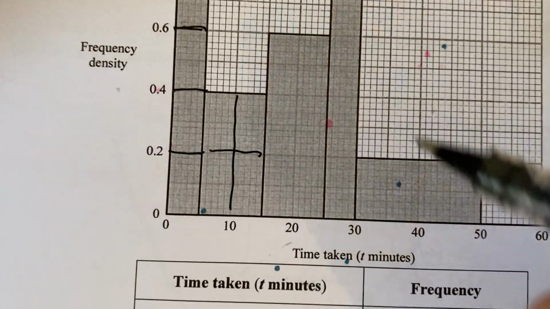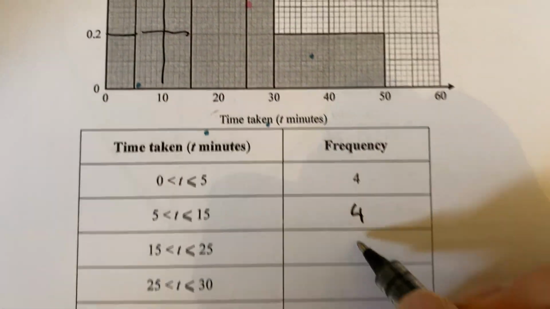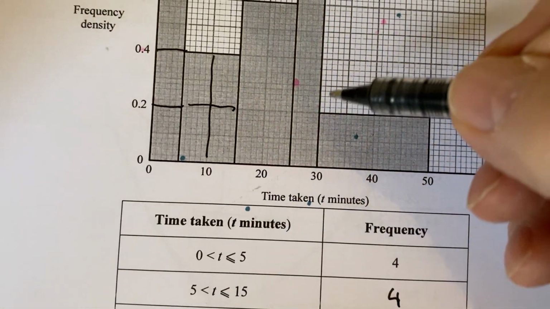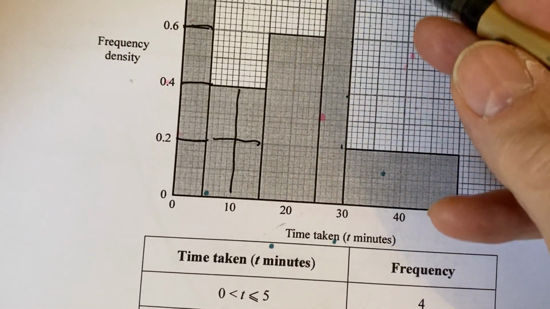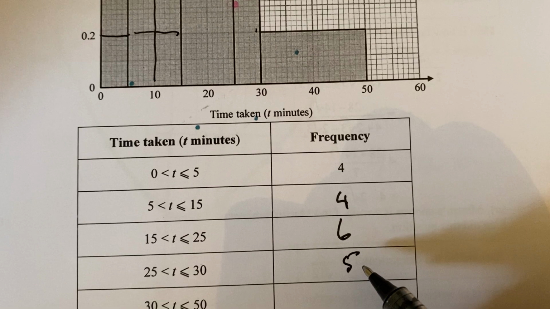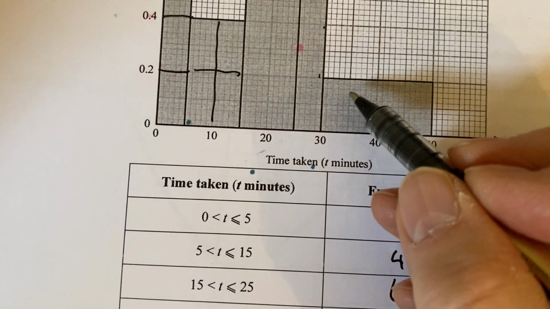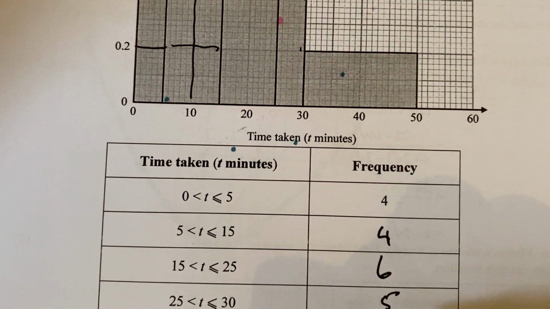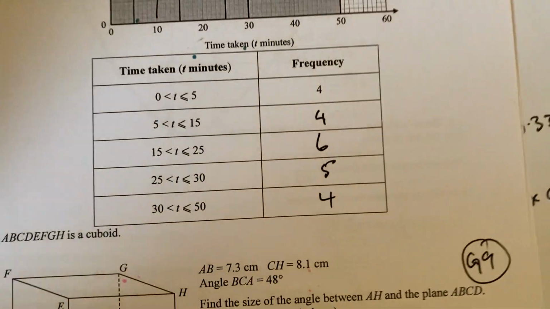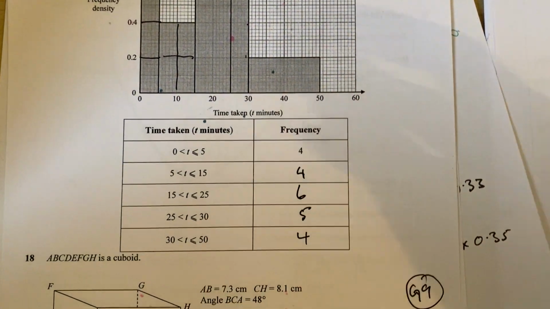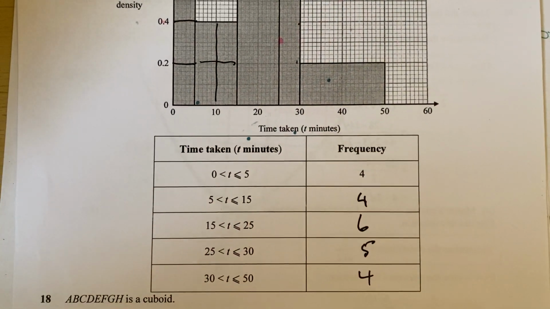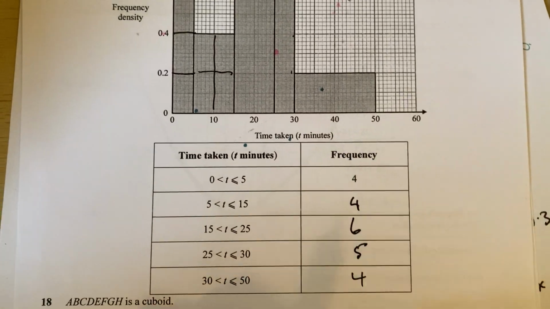So that's 4. That's my 4, 5, 6. 6 goes there. Here, 1, 2, 3, 4, 5. So 5 is there. And then finally, 1, 2, 3, 4 is there. And look, think about this, right? We're in grade 8, and yet that is quite doable, guys. It's not that hard. Let's go back to the question.